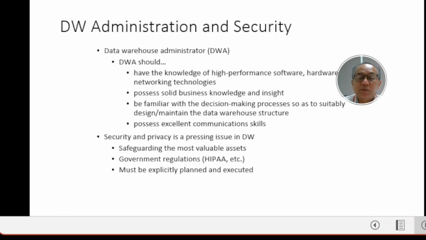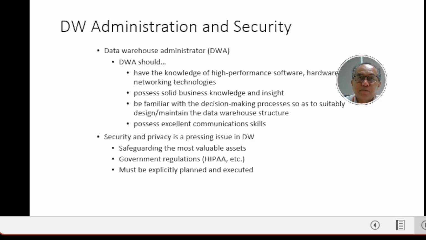And then in terms of admin and security, we look into the fact that the data warehouse administrator needs to have knowledge of high performance software, hardware, and networking technologies. They should have solid business knowledge and insight. Not just technical, but they also need to know the business and be familiar with decision making processes.